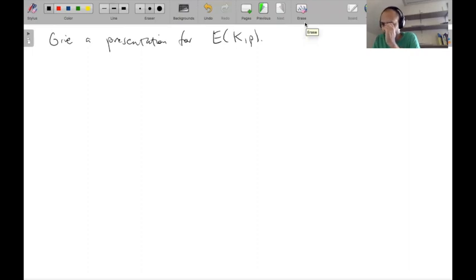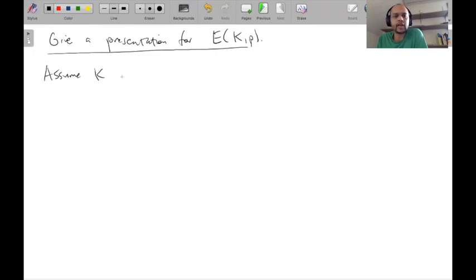So the way this is going to work, let's assume that K is connected, which is to say any vertices U and V are connected by an edge path.